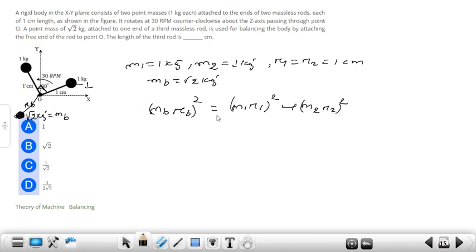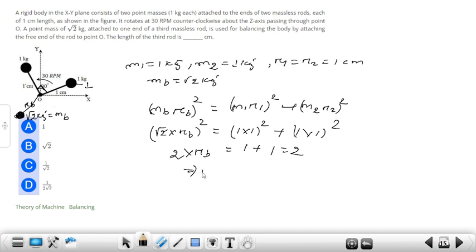Putting the values of MB, M1, R1, R2: MB is root 2 and RB we have to find, so root 2 into RB square is equal to 1 into 1 square plus 1 into 1 square, which is 1 plus 1, equal to 2. Root 2 square is 2, so RB is equal to 1 centimeter, which is option A, the correct answer.